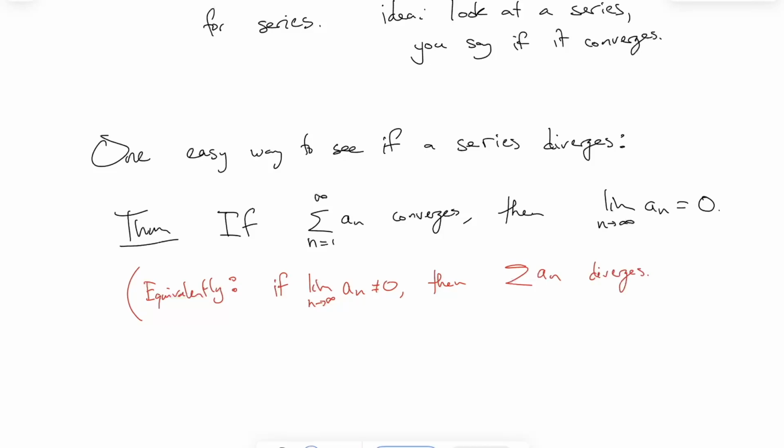These are two logically equivalent statements. I'm just saying it the other way around. When you write it the second way, it becomes a nice way to show that a series diverges: by showing that the limit of the terms is not zero. Then it diverges. All right?